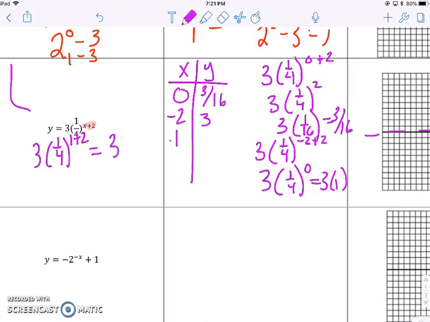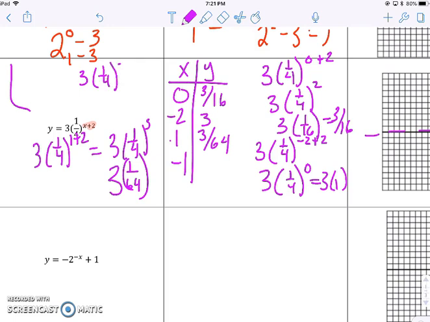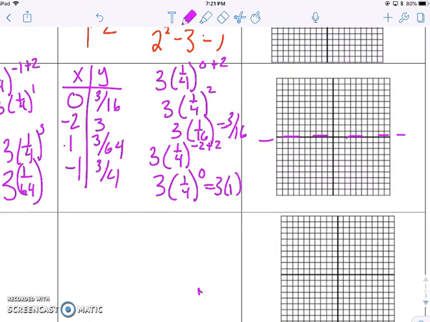So that would be 3 times 1/4 to the 3rd. So that'd be 1/64. We cubed it, so we have 3/64. Well, those are getting pretty small. Maybe I'll try -1. So 3 times 1/4 to the -1 plus 2. So 3 times 1/4 to the 1st. So that's just 3/4.